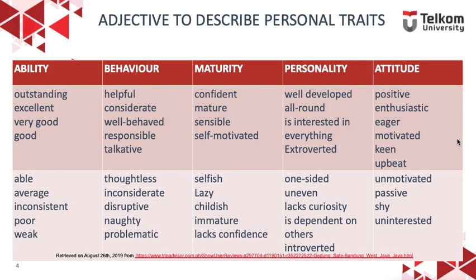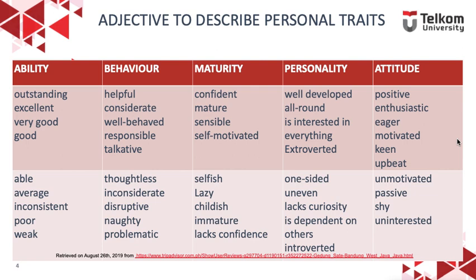Okay, here are some adjectives to describe your personal traits. There are some classifications of adjectives which could describe yourself. The first one is the ability: outstanding, excellent, very good, or good. And then behavior: helpful, considerate, well-behaved, responsible, talkative.